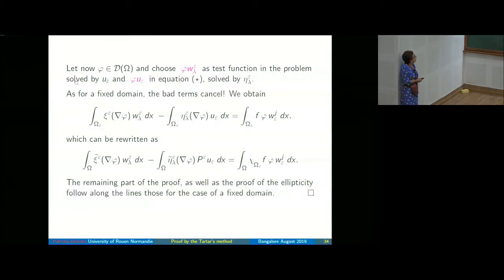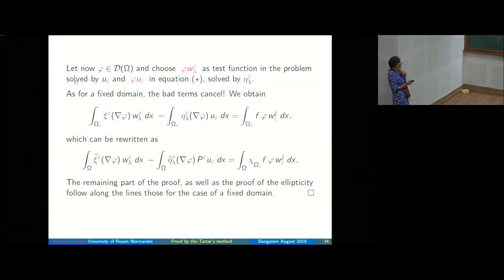Now, what we do, we rewrite them by extension. So xi epsilon, which is only in L2, we extend by tilde. W epsilon lambda is already extended, so it's fine. Here, eta epsilon lambda we extend by tilde, and u epsilon by the extension operator P epsilon u epsilon. And here you just replace the integral over omega epsilon by the integral over omega, and you put inside the characteristic function of omega epsilon.